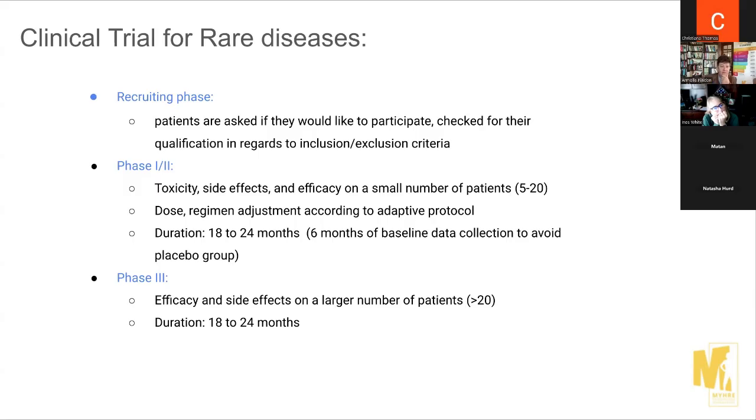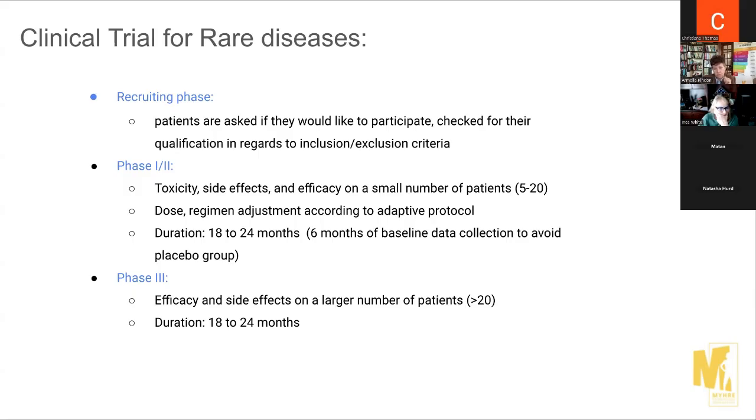So when we have hopefully enough patients, in rare disease we usually cluster phase 1 and 2 at the same time because we don't have a lot of patients. So we do the toxicity study and the side effect study and the efficacy at the same time. So it's phase 1, 2 together, and it's usually between 5 and max 20 patients for rare disease.